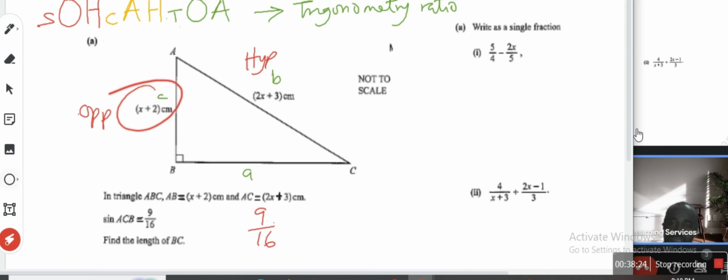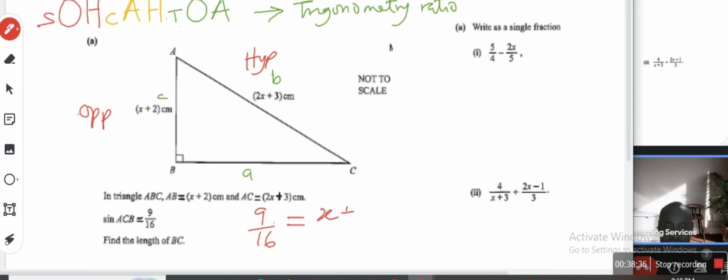What's the opposite? x plus 2. So 9/16, which is sine ACB, is equal to x plus 2, which is the opposite, over the hypotenuse, which is 2x plus 3.